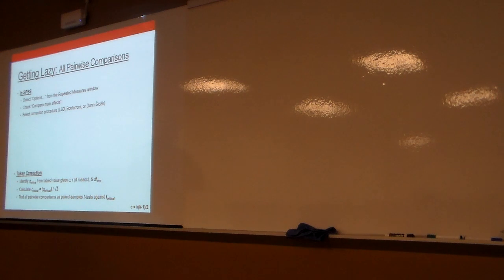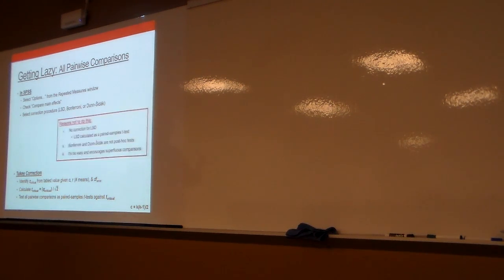As I'm running this, I can ask SPSS to give me pairwise comparisons for time 1 versus 2, time 1 versus 3, time 1 versus 4, 2 versus 3, 2 versus 4, and 3 versus 4. Basically this is going to give me paired sample t-tests across all of those repeated assessments, right?